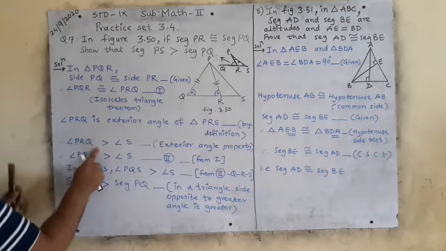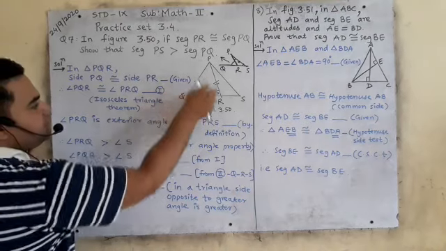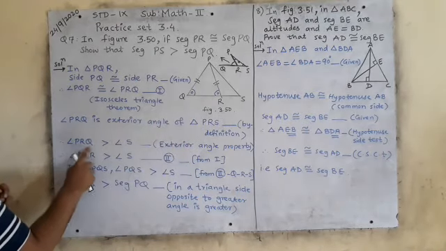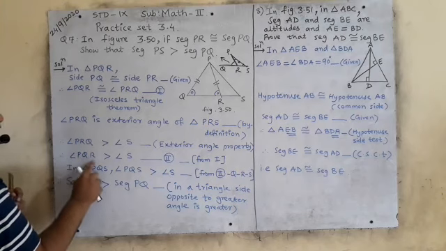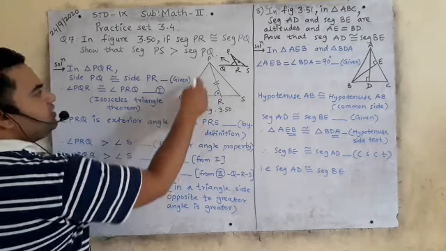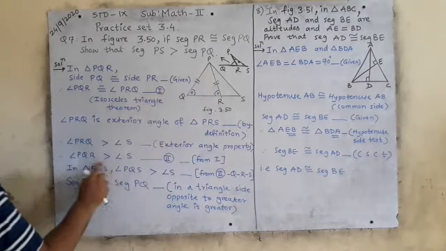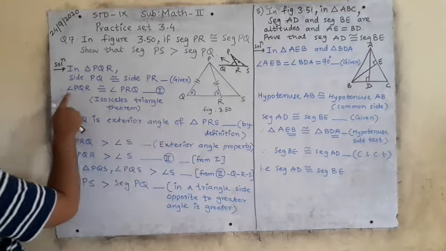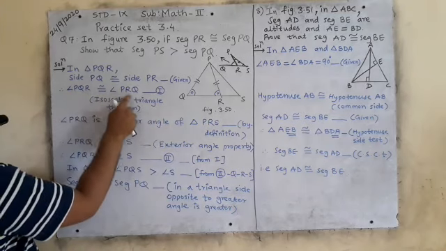Now, PRQ is greater and we know that PRQ is equal to PQR. Instead of PRQ, we have written PQR. So PQR is greater than angle S, from the first equation, because we have said PQR is congruent to angle PRQ.